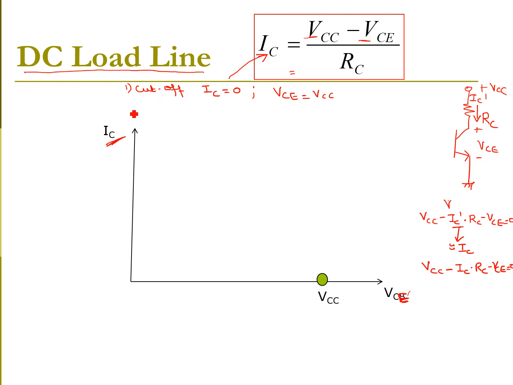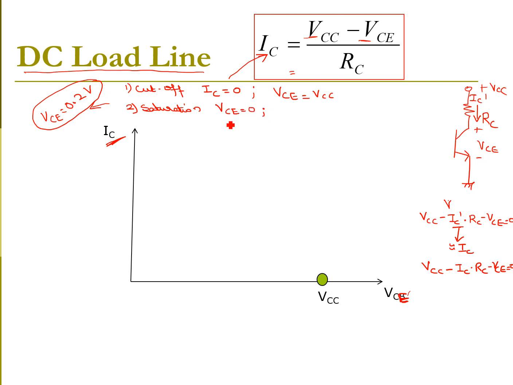Second, consider the saturation condition. In saturation, practically the value of VCE is equal to 0.2 volts. But in ideal conditions, we assume that VCE is equal to 0.